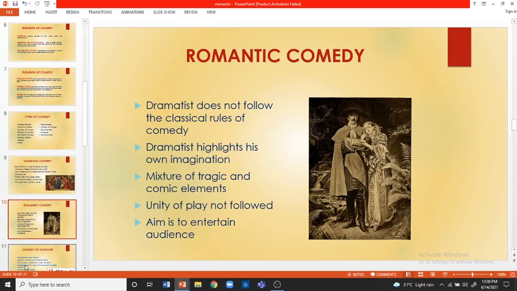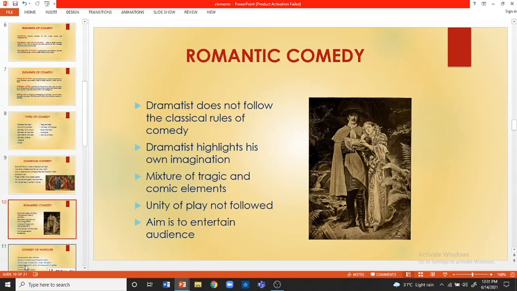But in romantic comedy, there is a mingling of tragic and comic elements in a single play. The three unities of the play were not followed, as I already told you. There is no need to follow the three unities, which were noted by Aristotle in his Poetics: unity of action, place and time.